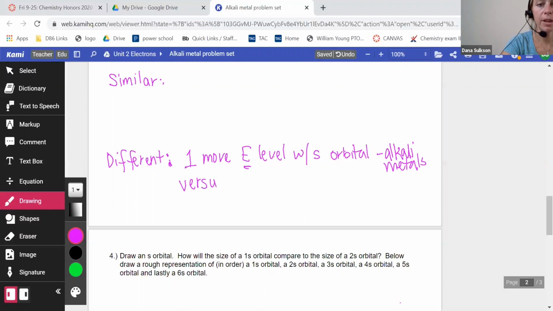Versus, I want to compare them when I'm talking about differences, versus your valence shell is filled with s2 p6, indicating 8 electrons in the noble gas.